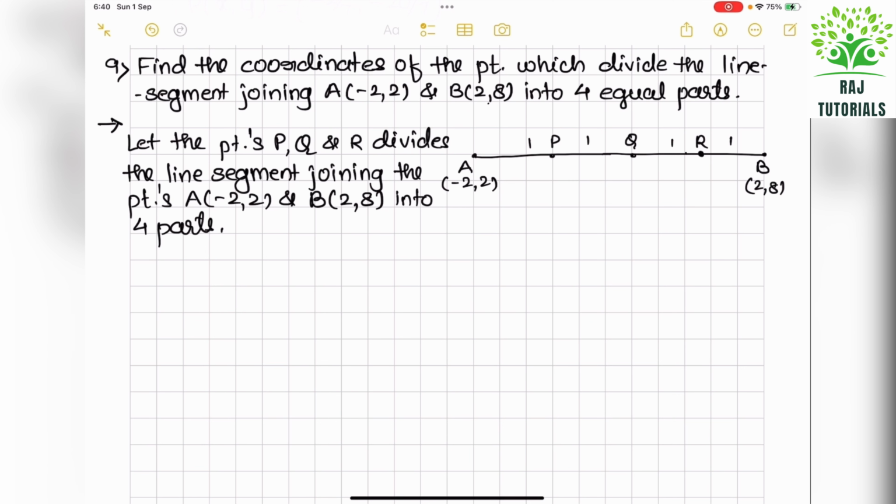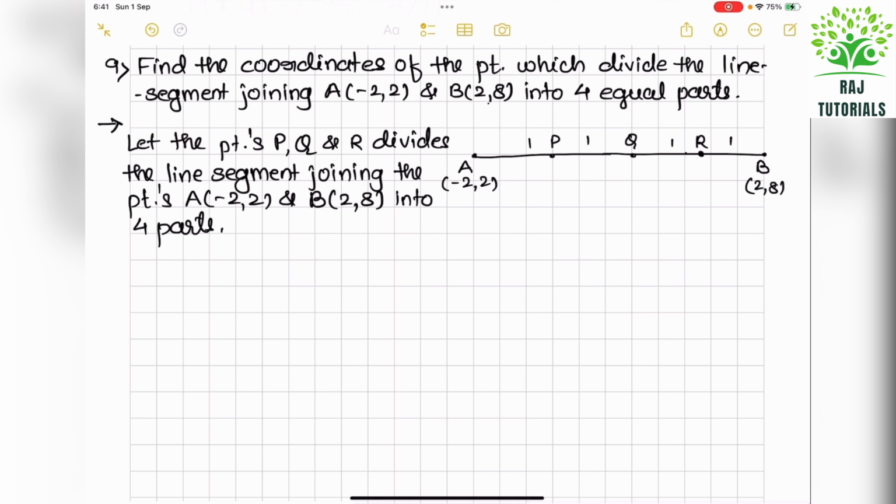Now next question says find the coordinates of the points which divide the line segment joining A (minus 2, 2) and B (2, 8) into 4 equal parts. So here, as the question says, let the points P, Q and R divide the line segment joining the points A (minus 2, 2) and B (2, 8) into 4 parts.